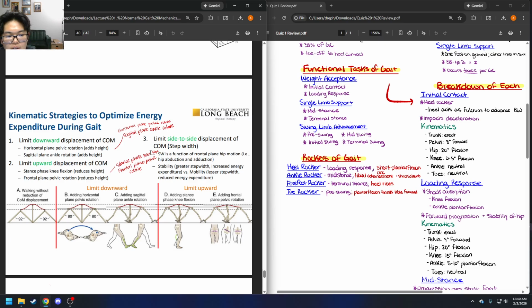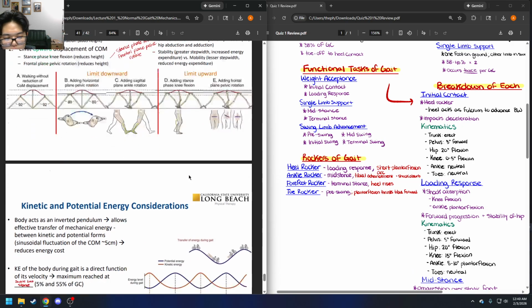We'll have a sagittal plane ankle rotation to add height. However, to limit upward displacement, we'll have a stance phase of knee flexion to reduce our height, and a frontal plane pelvic rotation to reduce our height as well. There's also the side-to-side one that I will just leave here, so I'm not just reading word for word.